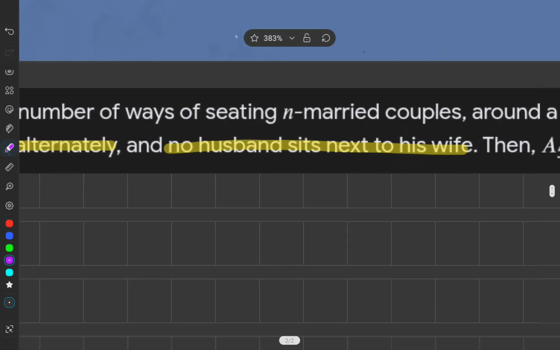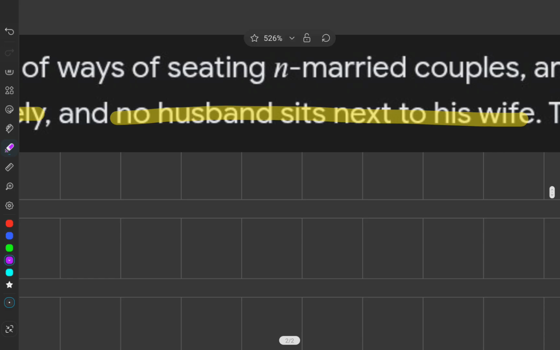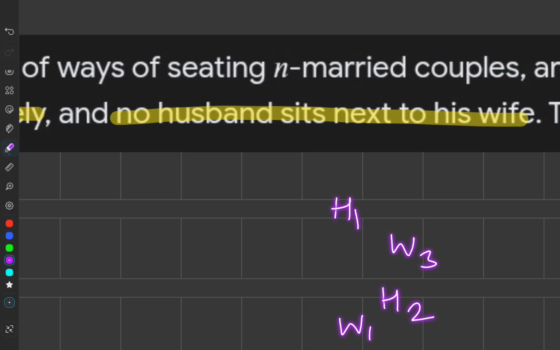So let me give you an example of a case where it follows. Let's see: h1 w3 h2 w1 h3 w5 h4 w2 h5 w3.